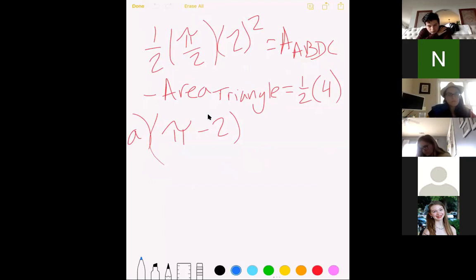And then our radius was 2 squared. So that would be 4 divided by 2, which is 2, times pi over 2, which is pi. So I keep on getting that it's 0.